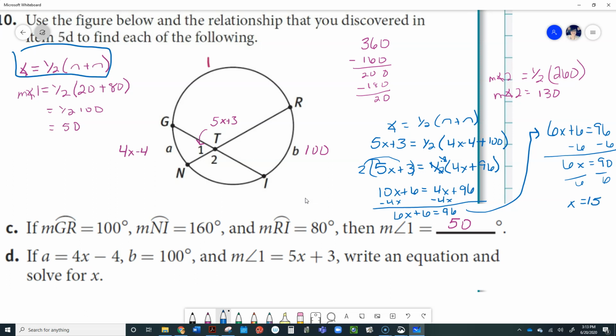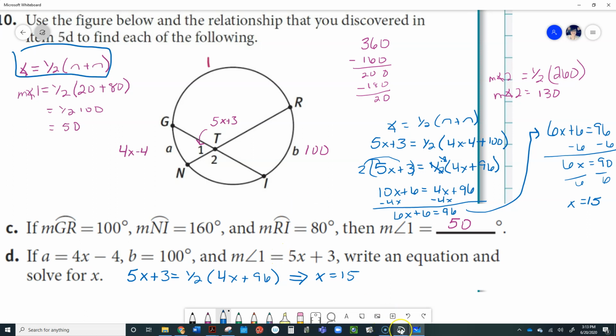So x is equal to 15. So they ask for two things. They ask for the equation. So I'm going to say 5x plus 3 equals 1/2 4x plus 96, and that gives us x is equal to 15.